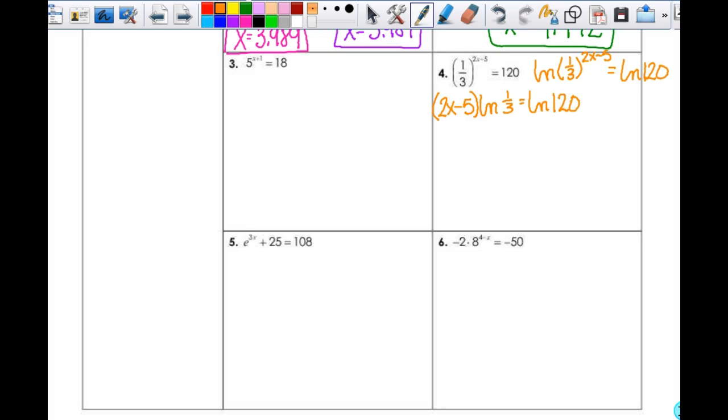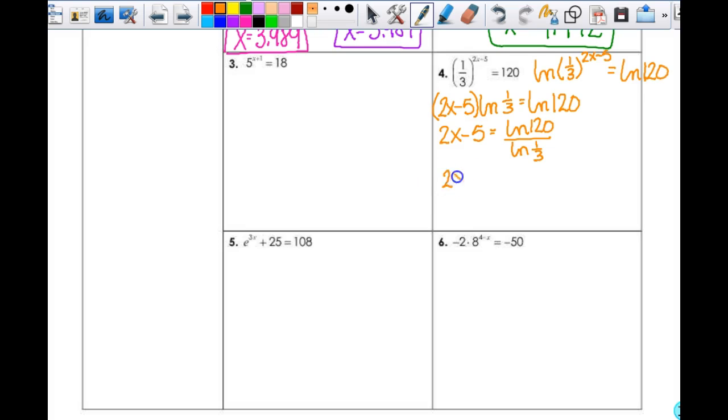Now, I have a couple of options. I could distribute that, but I don't have to. Instead, can I go ahead and divide by the natural log of 1/3? I can. So 2x minus 5 equals the natural log of 120 divided by the natural log of 1/3. Now, my goal is to solve for x, right? So algebraically, what do I do next? Add 5 to both sides.